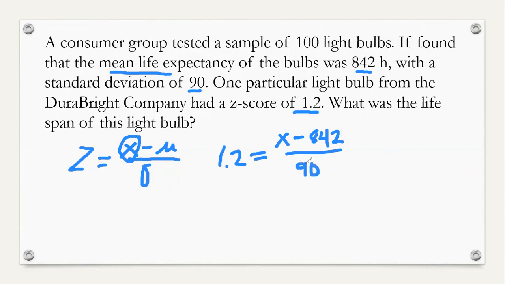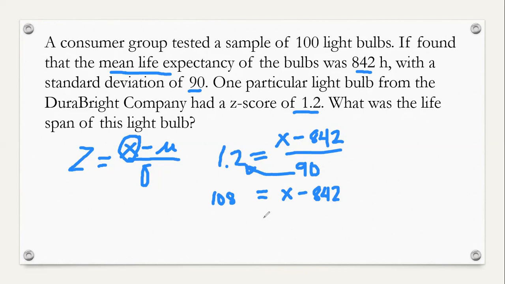Okay, so how are we going to solve that? Of course, multiply the 90 by 1.2. So 1.2 times 90 is 108 equals X minus 842. So to isolate X, on the right side, we need to transpose this negative 842 to the left side.